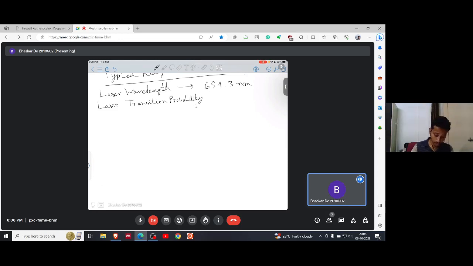Laser transition probability is 33 femtosecond.